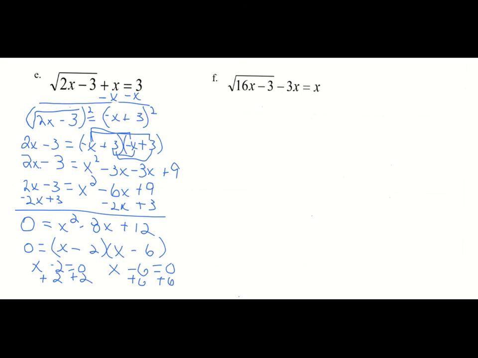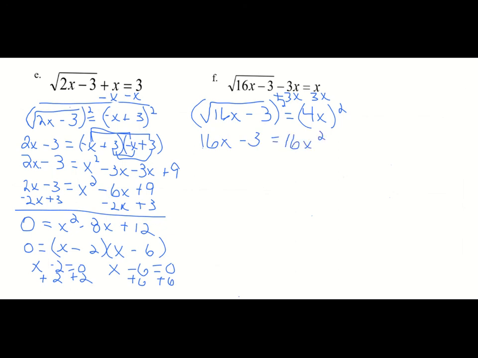Okay. So now when we go to solve our equation, first we are going to add 3x to both sides. So that is going to give me the square root of 16x minus 3, and then it will be equal to 4x. We're going to square both sides. So that is going to give me 16x minus 3 is equal to 16x squared.